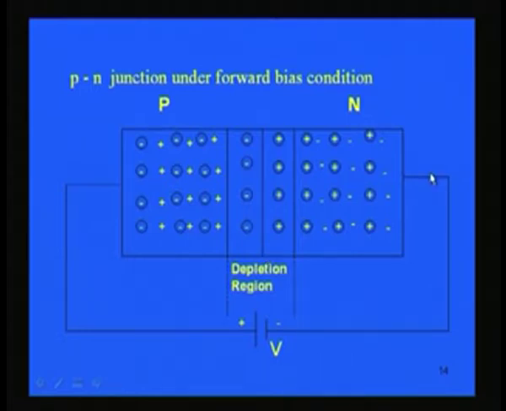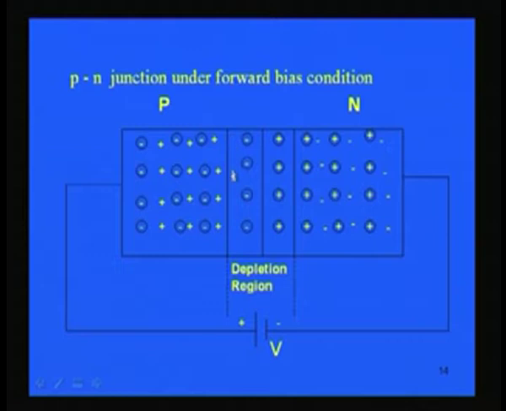Here, whenever we apply a positive voltage to the P side, this positive terminal will be repelling these holes. Similarly, the negative terminal will be repelling the electrons on the N side. These holes will come towards the junction and neutralize some of the acceptor ions on the P side.